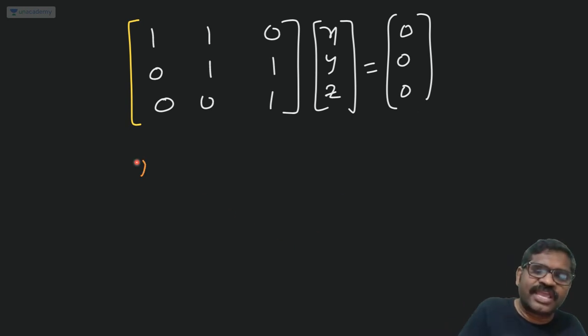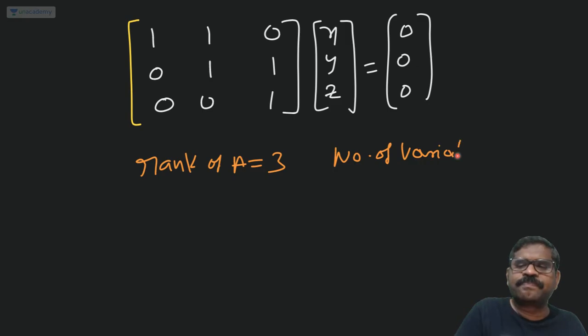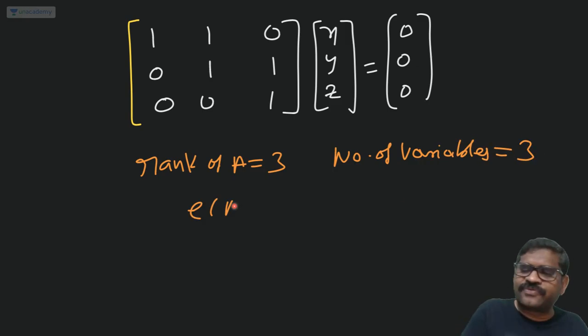Rank of A is 3. Number of variables is 3. Rank of A equal to number of variables. Therefore, trivial solution.